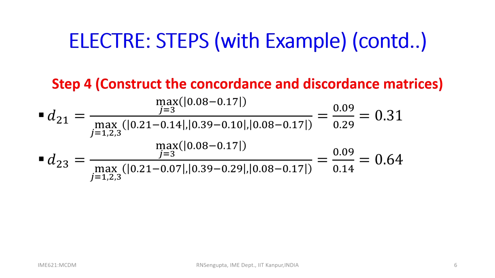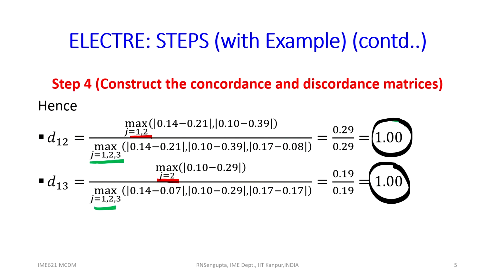When I am trying to compare D21 and D23, the values come out considering the comparison is for the max of all those discomforts in the numerator and the max of all of them in the denominator. So, the values come out to be 0.31 and 0.64, which means that in very layman terms, if I consider D12, the value is 1.